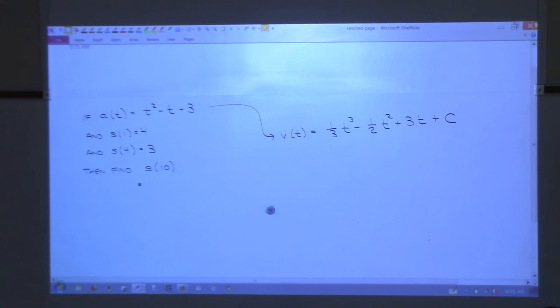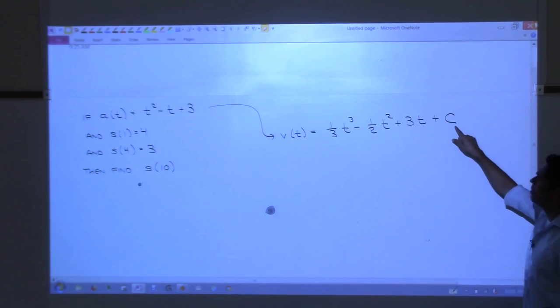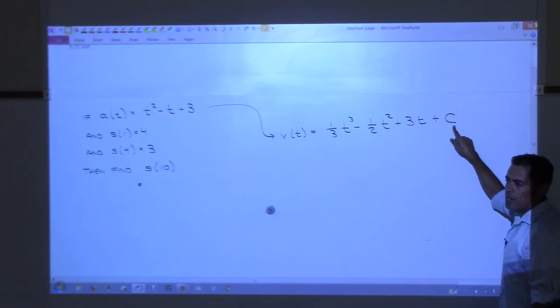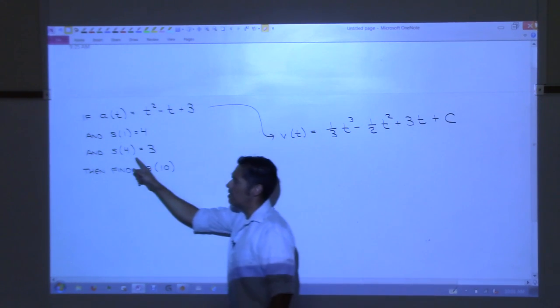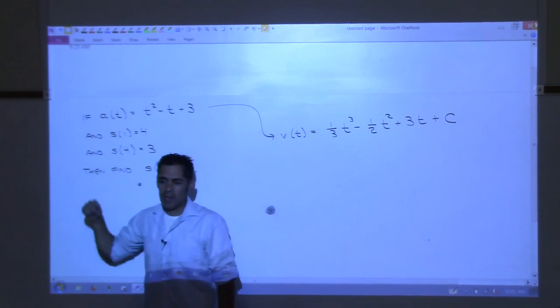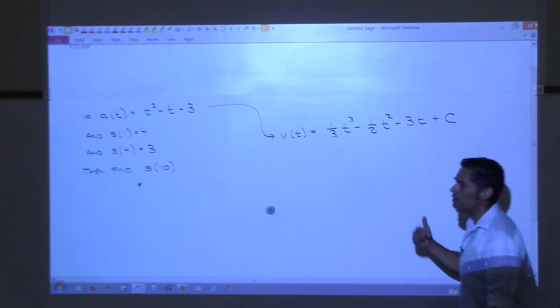Agree? All right. Now, I'm not going to be able to nail c down because I'm not given any information about the velocity, am I? Which means I'm going to have to just go again to get back to position.